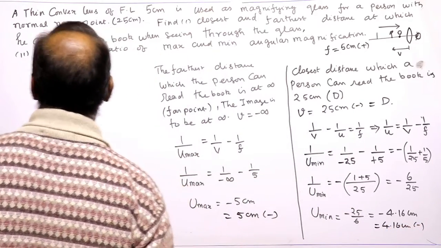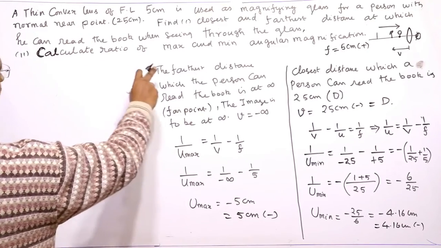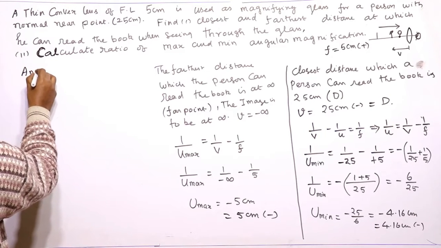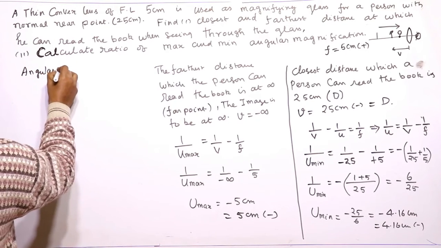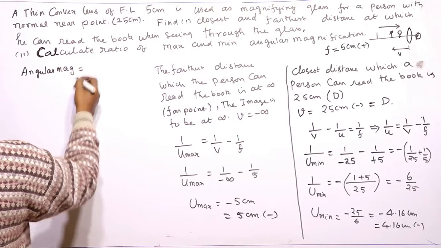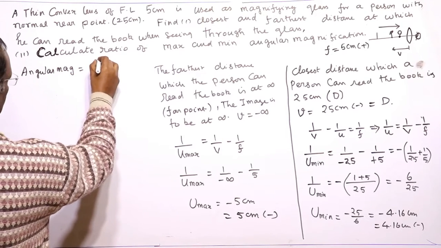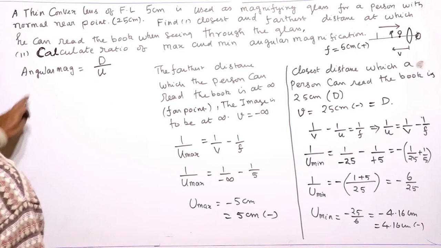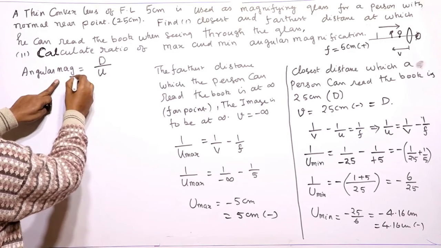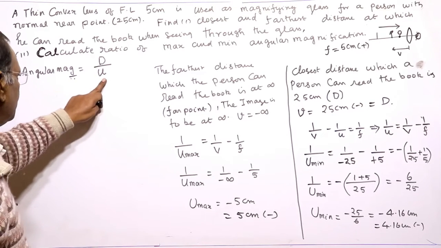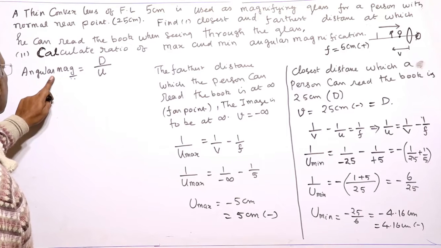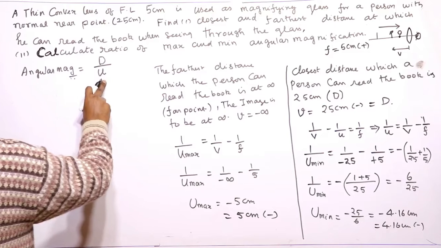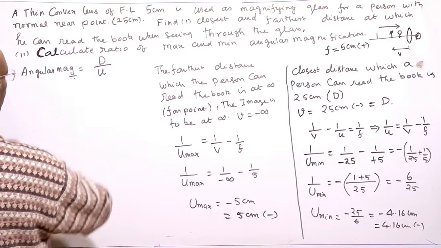Okay. Now, next is to calculate the ratio of maximum to minimum angular magnification. The angular magnification is equal to the distance of distinction D divided by the object distance, this is the general formula. Angular magnification will be maximum if U is minimum, because both are inversely related.